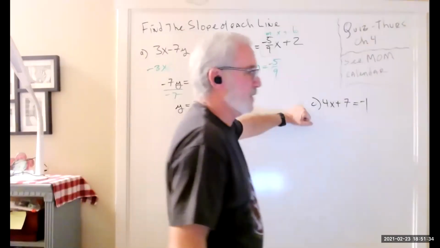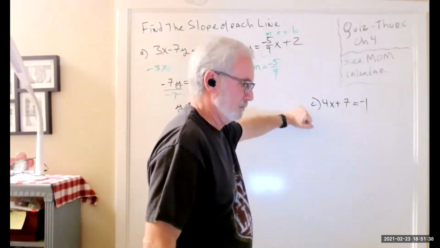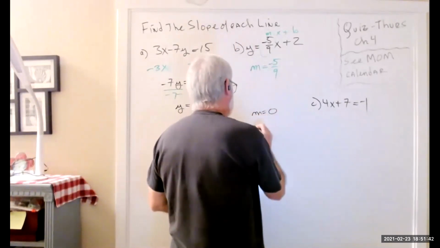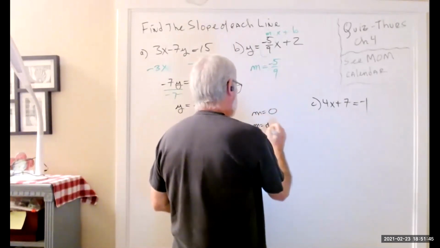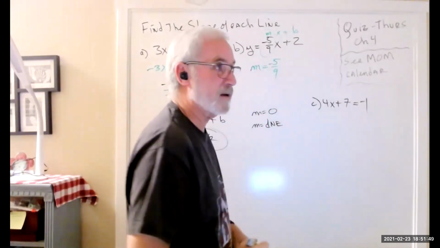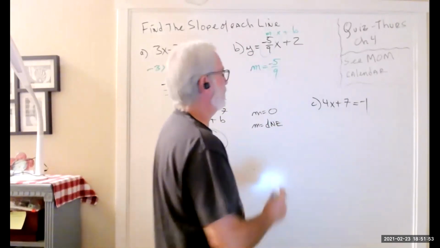Over here, anybody want to take a shot? 0. Does not exist. M equals 0. Does not exist. D and E. Well, it's one of those two, I'll tell you that. All right, let's see what we have.